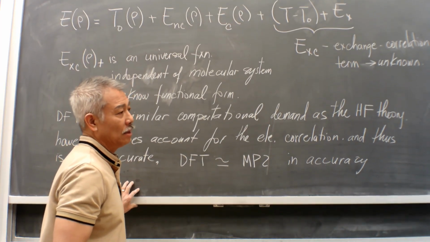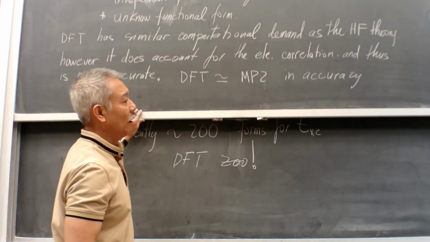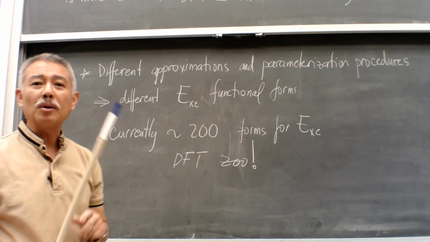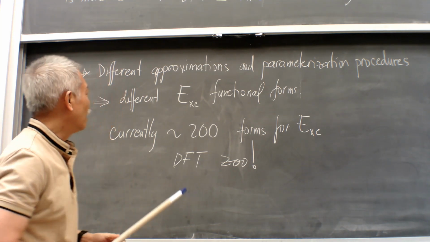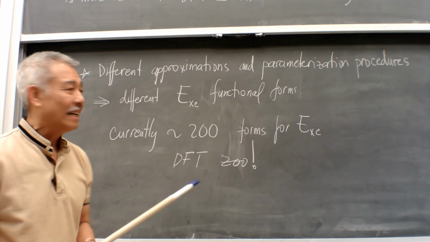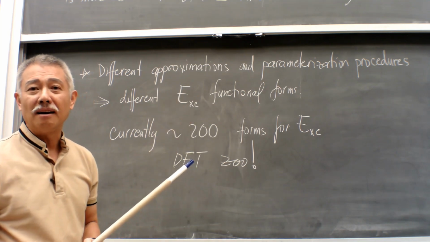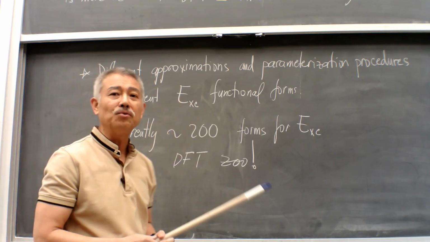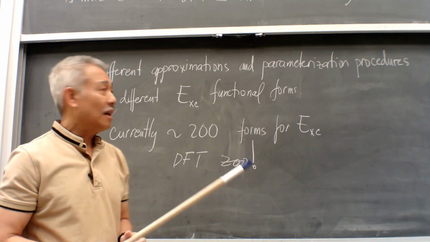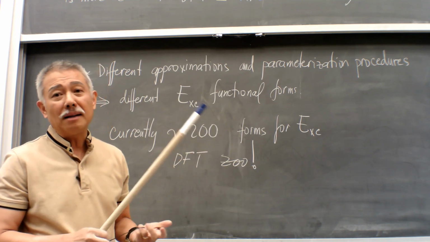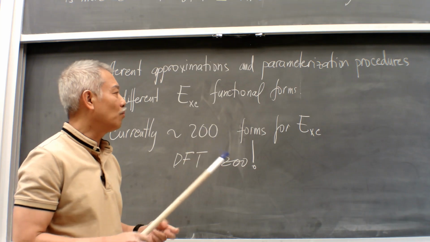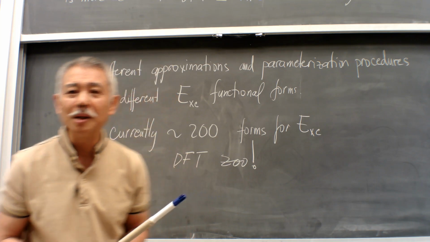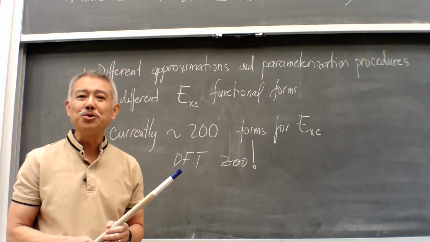The only headache for the practitioner dealing with density functional theories is that different approximation and parameterization procedures often lead to different E_XC functionals, and different functional forms establish a method. And currently we have about 200 and some forms for these E_XCs. And in the quantum chemistry community, we have the term DFT zoo.